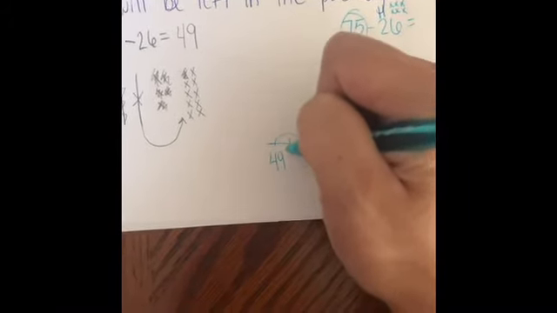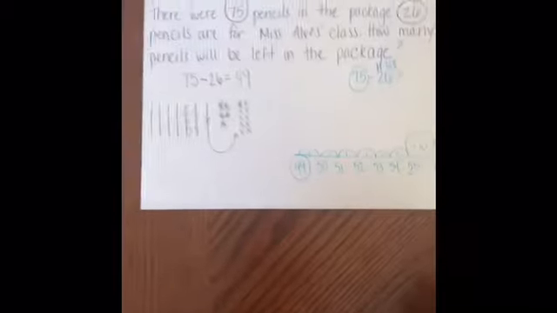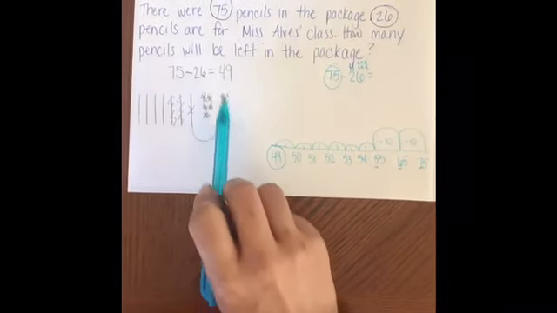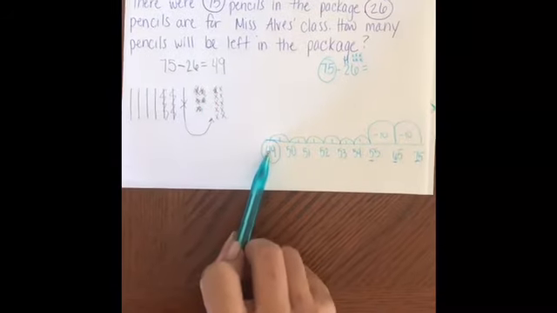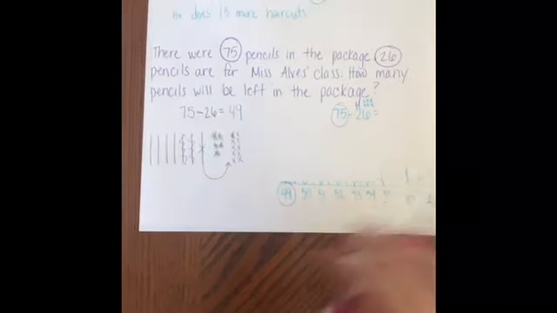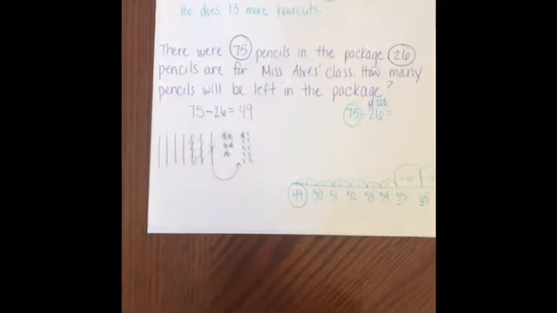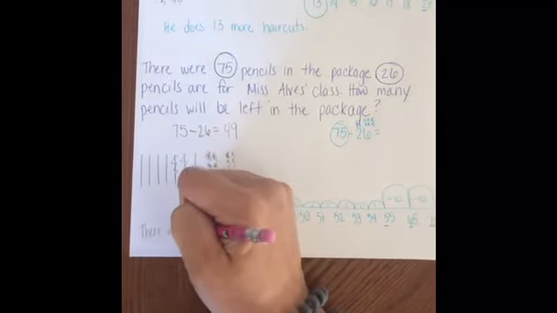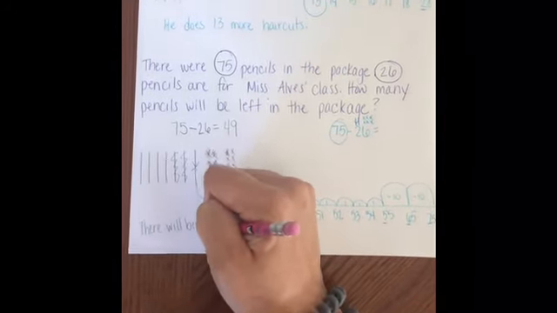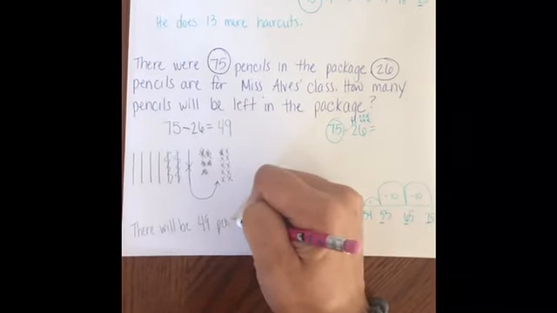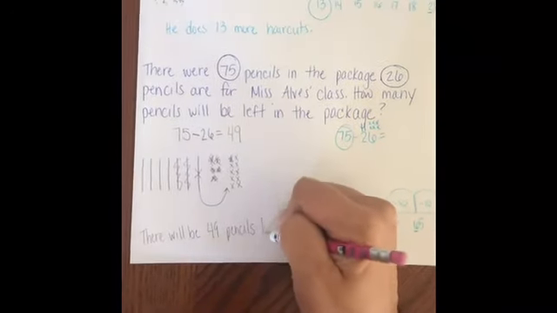And my last jump backward brings me to 49. So I got 49 with my base 10 block and 49 with my number line. So the answer to how many pencils will be left in the package is there will be 49 pencils left.